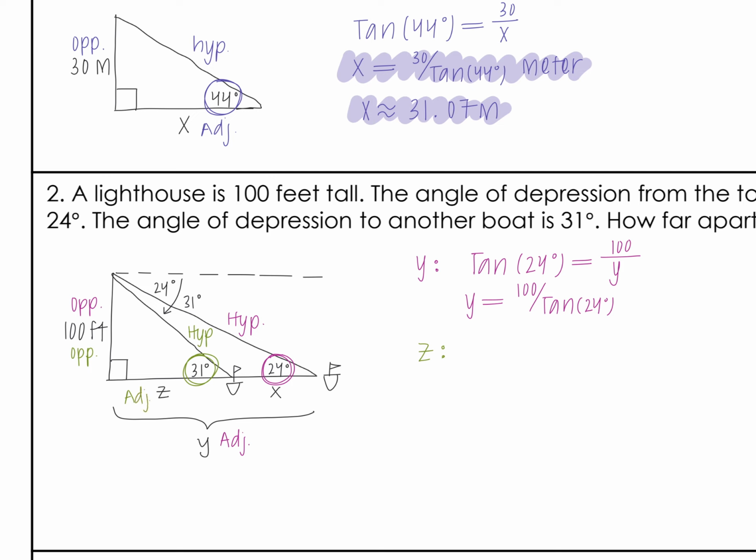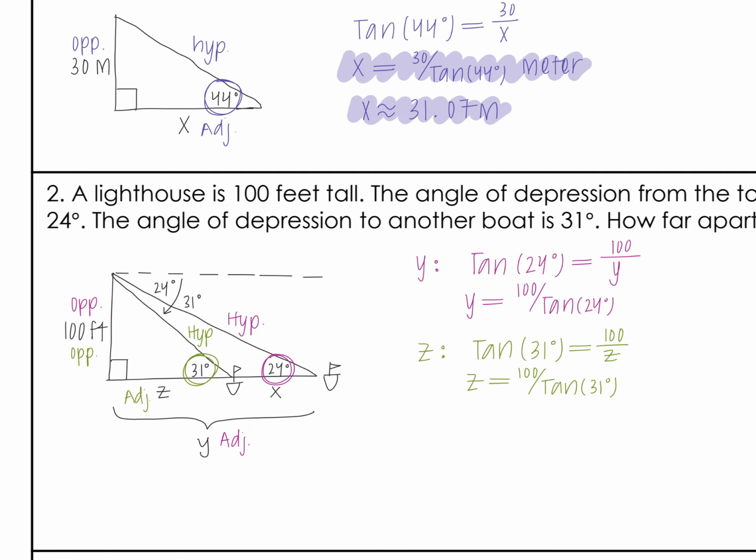So once again, based off of what I have here and what I'm trying to find, I am going to be using tangent again of 31 degrees this time is equal to my opposite, 100, divided by my adjacent, which is that z. So, a quick way of solving for my z here, I'm going to switch it with my denominator and the trig function to get 100 divided by tangent of 31 degrees.